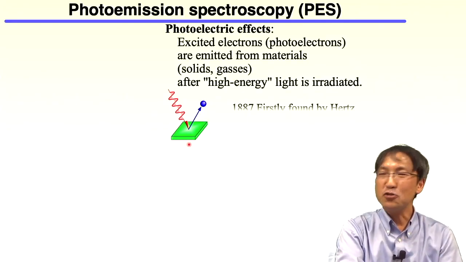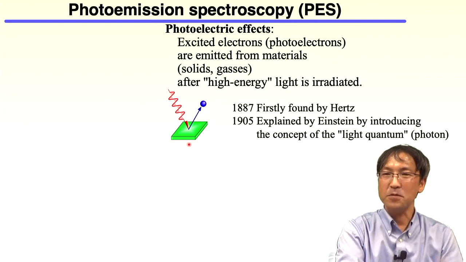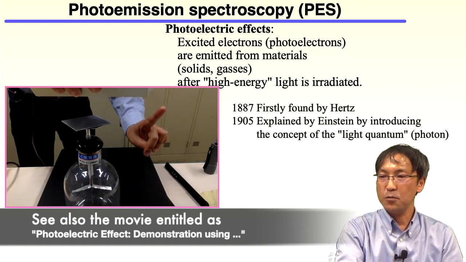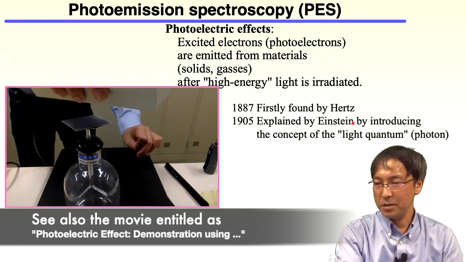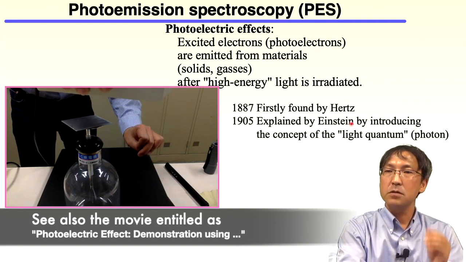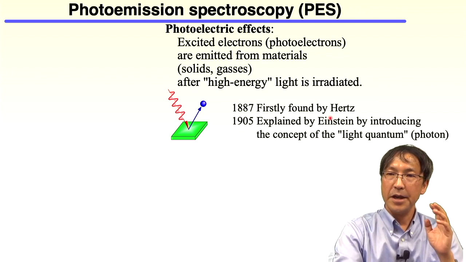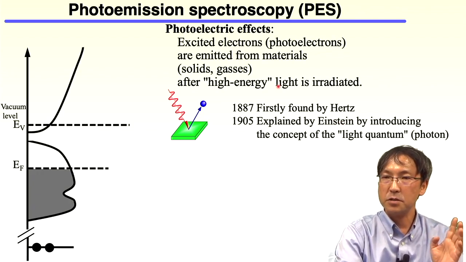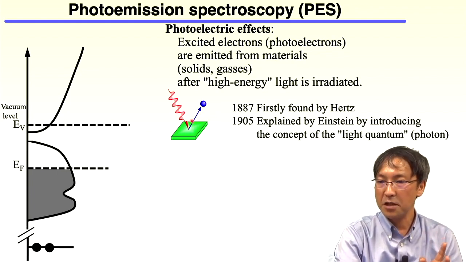Here I introduce photoemission spectroscopy starting from the phenomenon of the photoelectric effect, first found by Hertz in the late 19th century. The photoelectric effect is the phenomenon that excited electrons are emitted from the material into the vacuum after monochromatic high-energy light is incident.